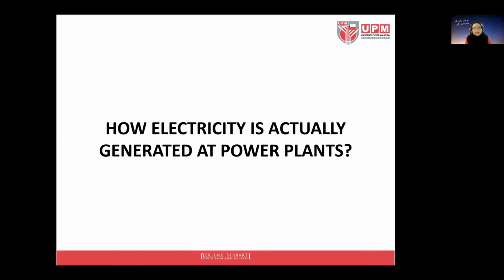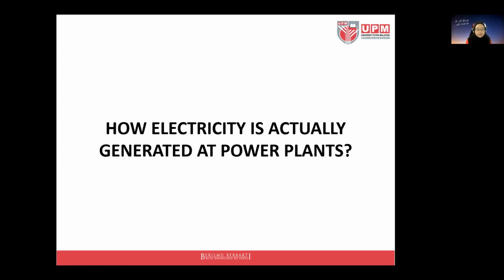Usually a lot of that uses a turbine and a generator. And then after the generator, you come up with electricity. That's the general way of electricity generation, right? But how exactly is electricity generated at power plants? In the generators, what actually happens, right?